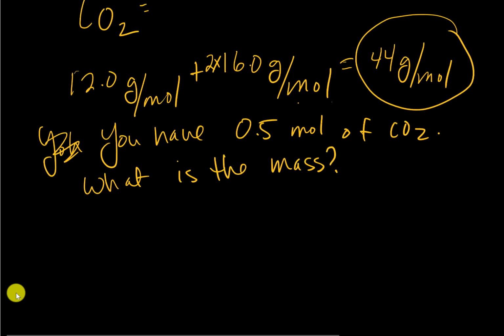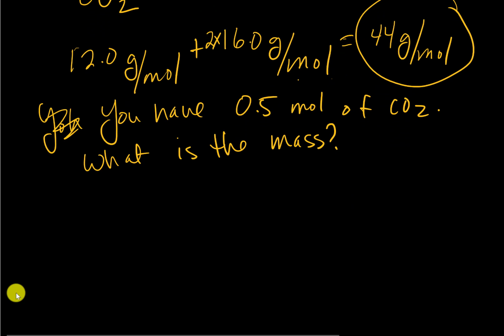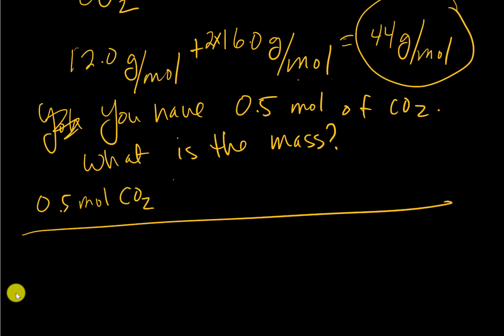This is a pretty common problem you'll see, and here's how you do it. It's not too hard. First of all, we start with 0.5 moles CO2 over here. We do this little brackets thing. We say, what's our goal? We're trying to find out mass. Mass is usually in the lab measured in grams. So if it doesn't say, you can pretty much assume it's going to be grams. I can't think of too many exceptions to that. That's the most common measurement in the lab.